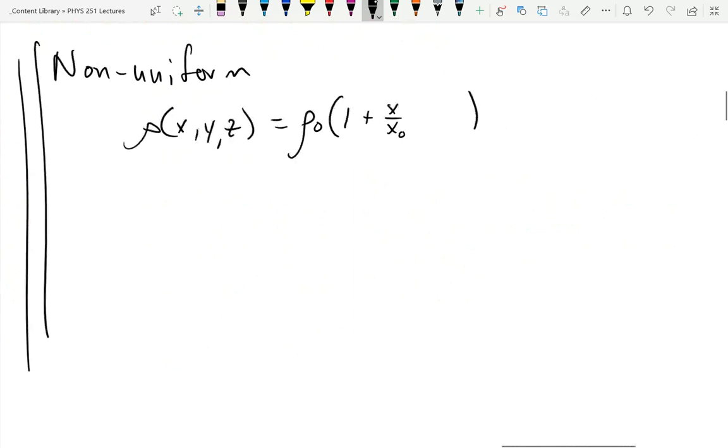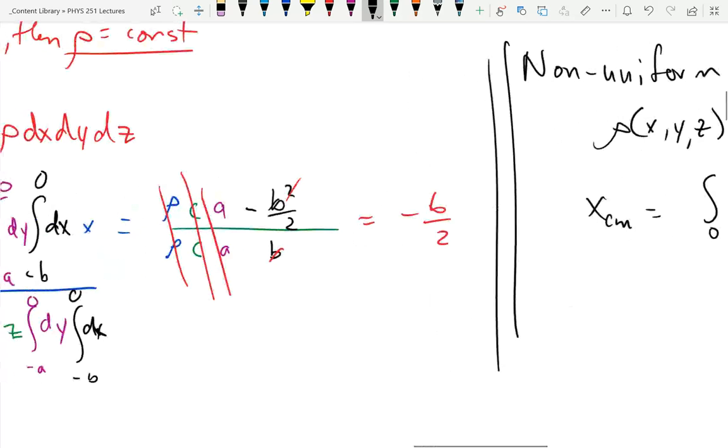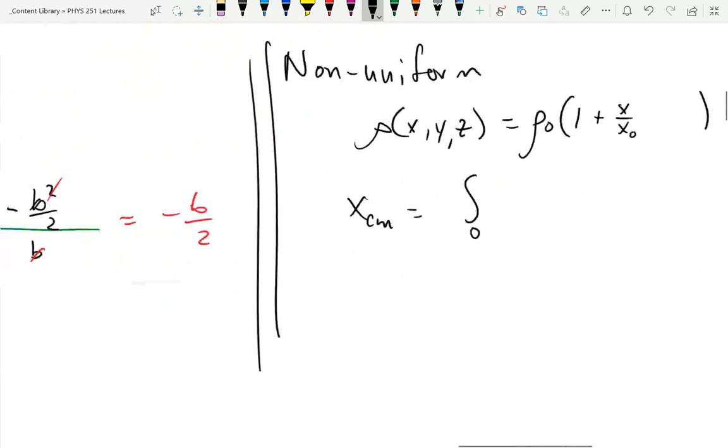So I'm going to have x center of mass is equal to integral from 0, and we're just putting the same limits, 0 to c minus a.